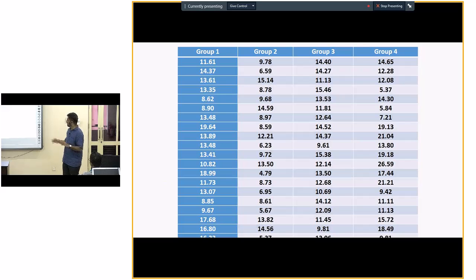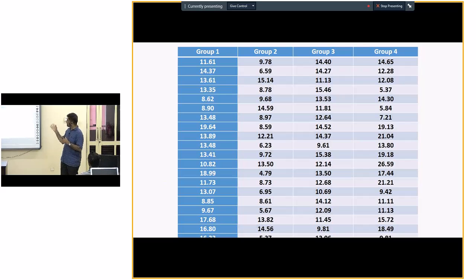We can select a sample from each province, then enter data in this way. Then we can compare.